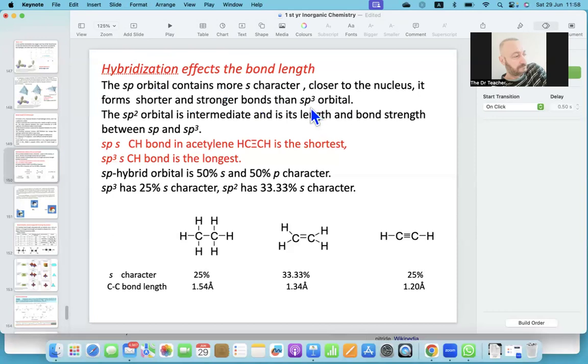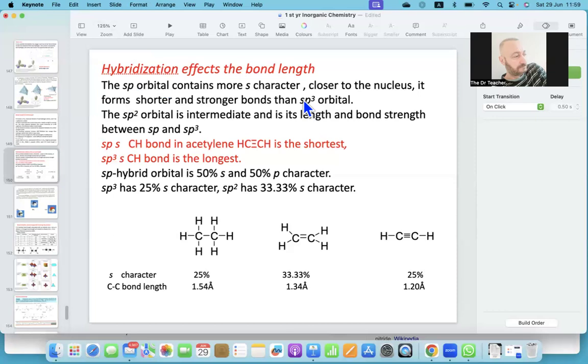Here one electron in s and one electron in p are used to form a bond, whereas here one electron in s and three electrons in p are used for the central atom. This is sp for the central atom, and sp3 as well belongs to the central atom.